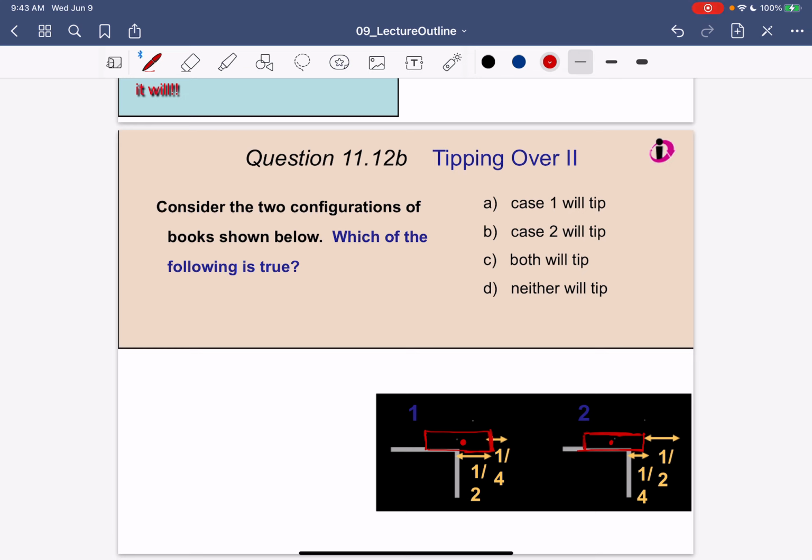If you look here, I did draw the textbook and its center, because we can assume the book has a uniform mass distribution. In this case the center of mass is going to be outside, not over the table, so this one is going to tip over, and this one is not.